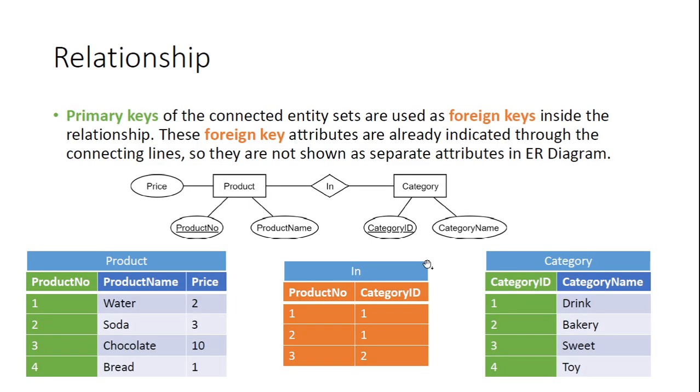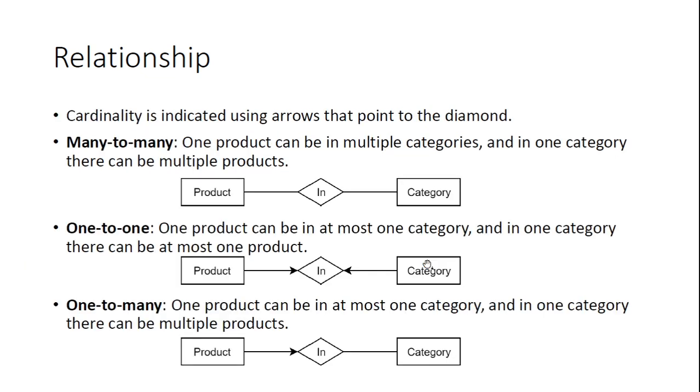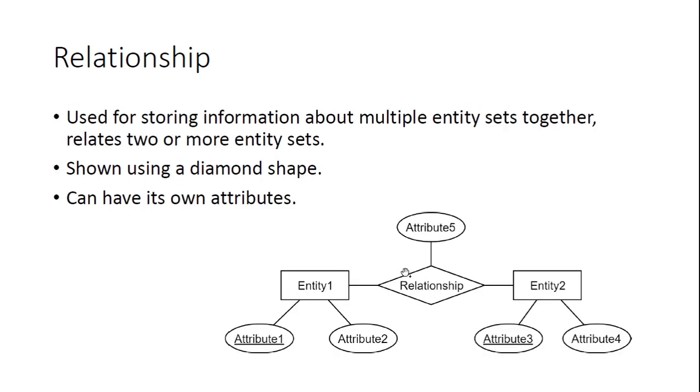We are going to see it later on, but what the links between the diamond shapes and entity sets mean is that we actually need to store some foreign key inside this relationship to be able to refer to the entity. If we consider any entity set, to be able to find a unique entry in an entity set, we need to know the primary key.